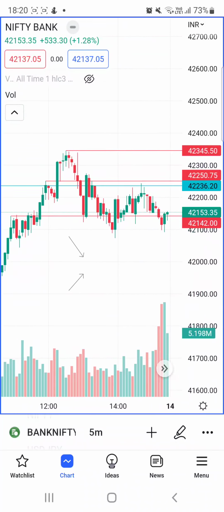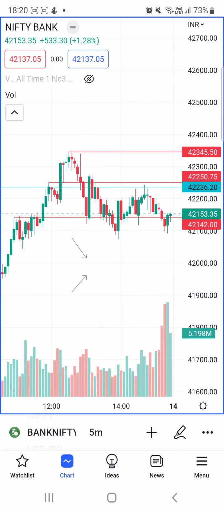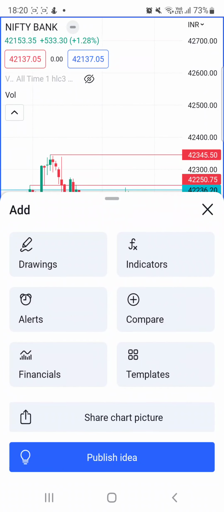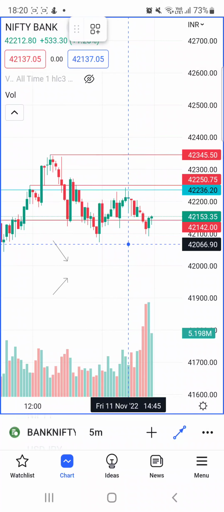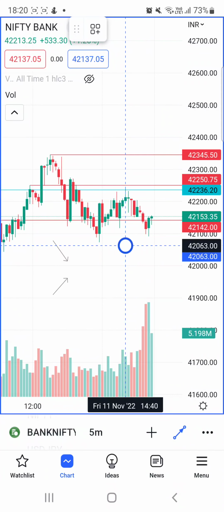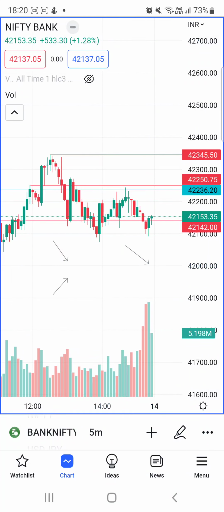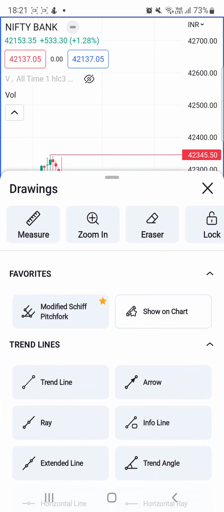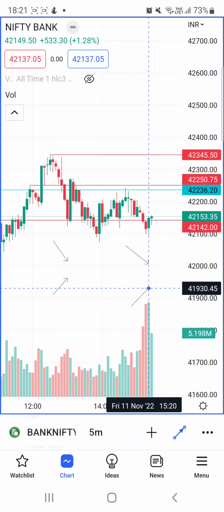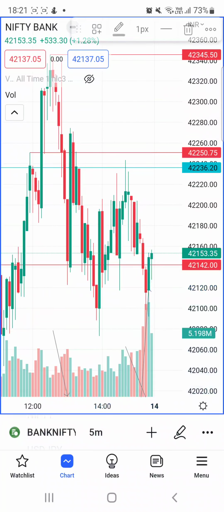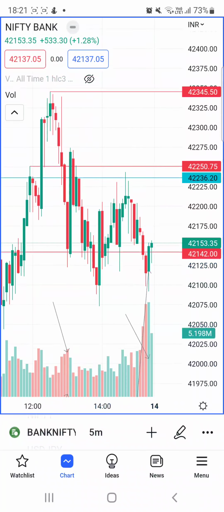And also look at the volume when price is again coming from this downward move here. Price is creating lower highs and lower lows, and look at the volumes here. Volumes are increasing. So what does this mean?